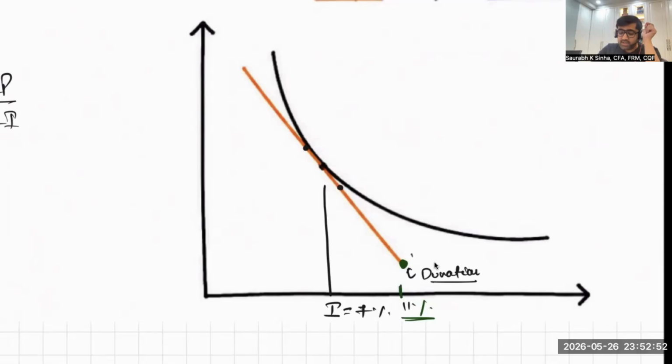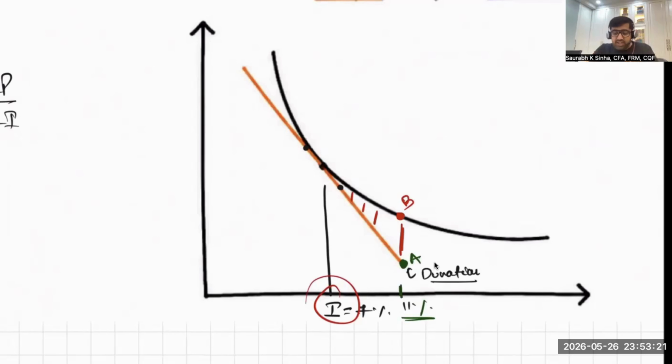This is the price, say this point as A, which is being predicted with the help of duration. And this is the actual valuation, say point B. See the difference. The difference will increase as you increase the interest rate change. The difference will decrease as you decrease the interest rate change from the point where you calculated the duration.